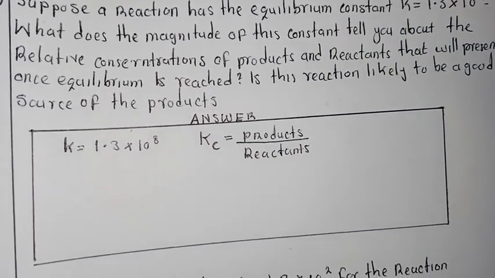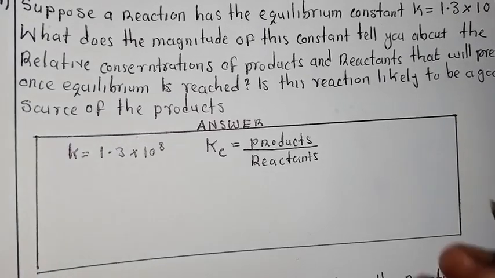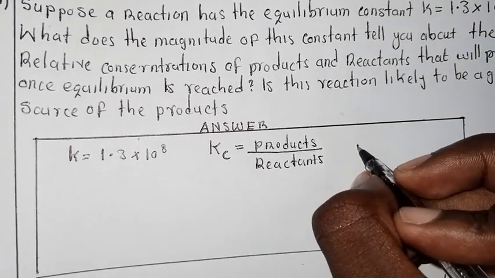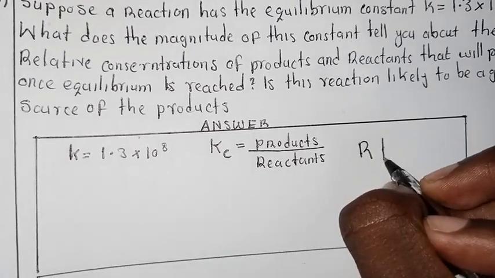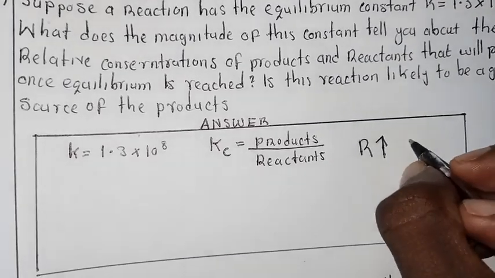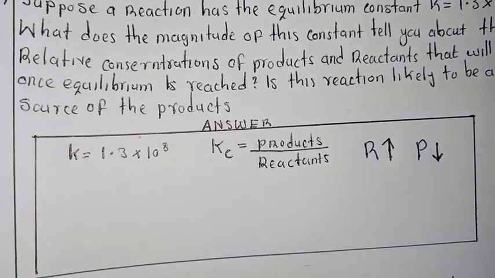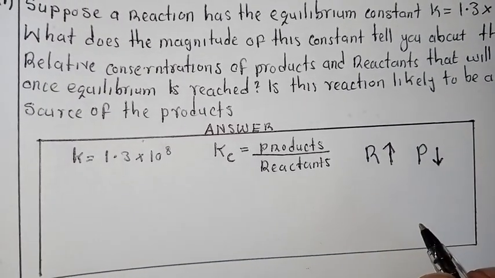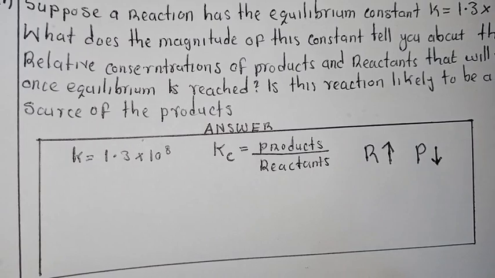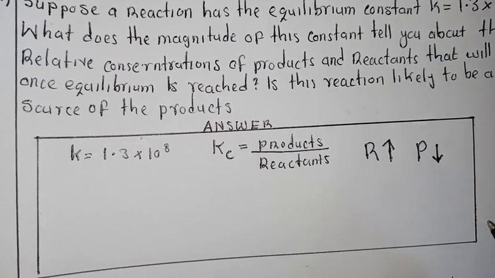Now, this simply means that when the reactants increase, then the products, of course, might decrease, okay?